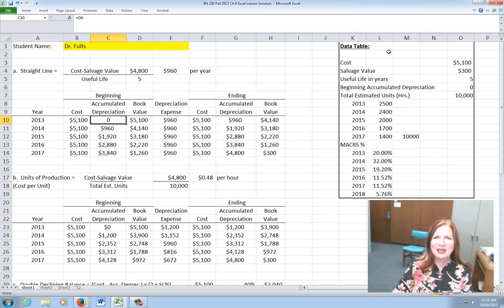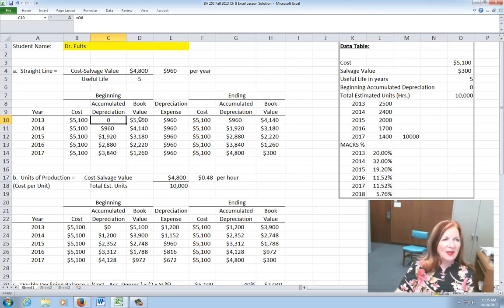This is why we set up data tables, so that we're just clicking on cells, and we're not typing all these numbers in over and over again.